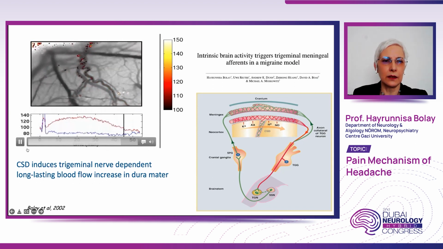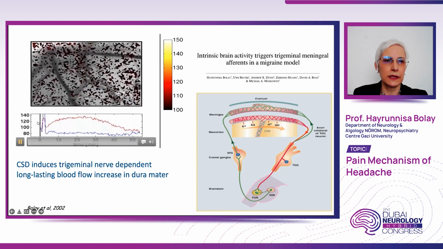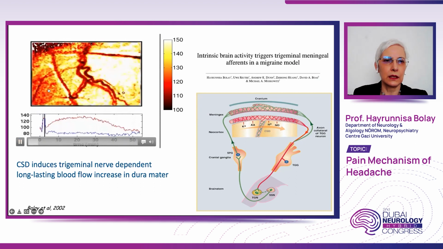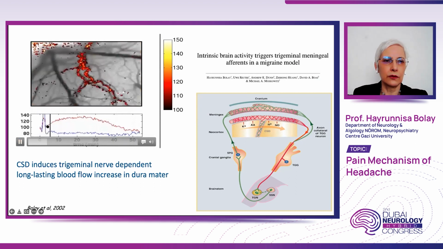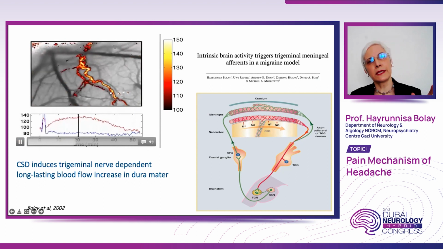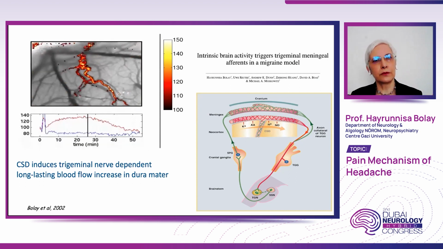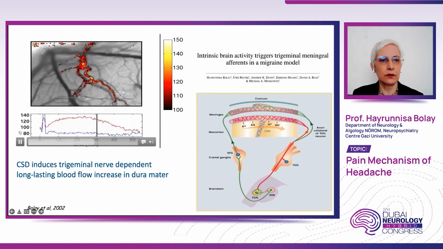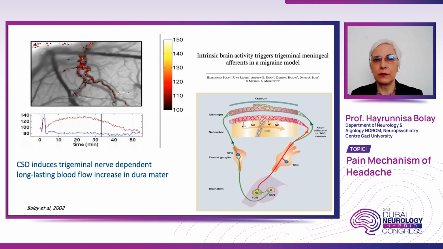This is the propagation of CSD, the very brief one. Now, during 1 hour of imaging, we only see the activation of dural vessels, the meningeal dura mater, the middle meningeal artery, and activation of meninges, not the cortex.